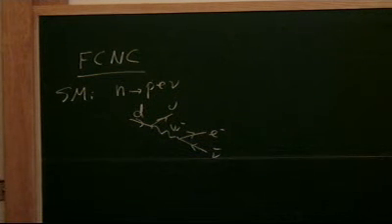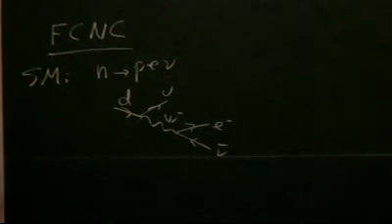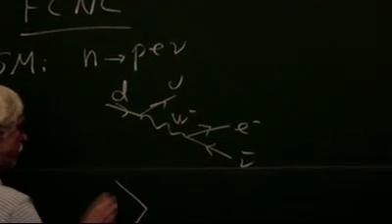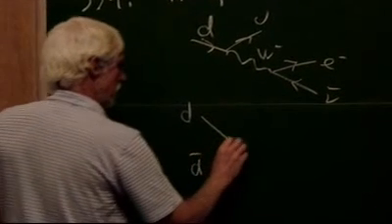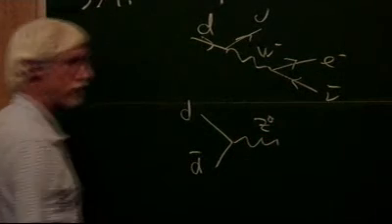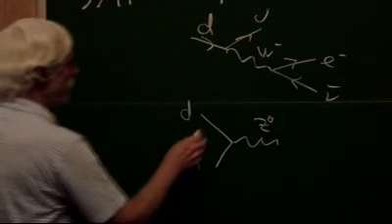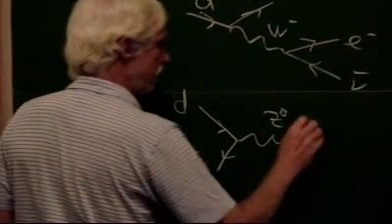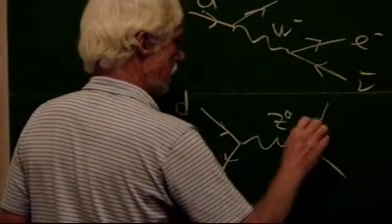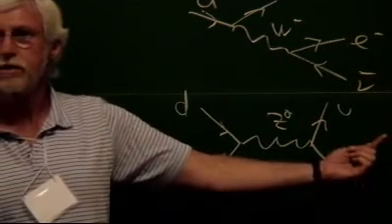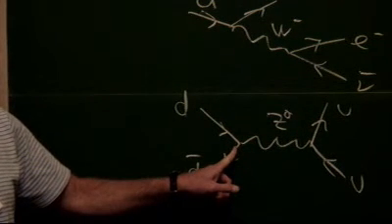If we stick to tree level and want to see what a Z transition can do, so a neutral vector particle, which can be either a photon or a Z particle. We saw that yesterday. You change flavor here, but not at each vertex, right?